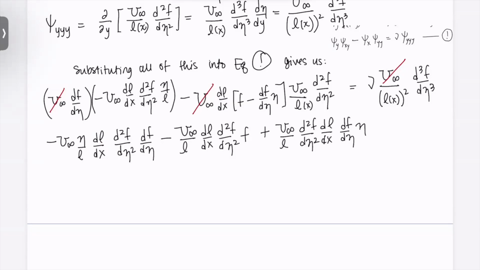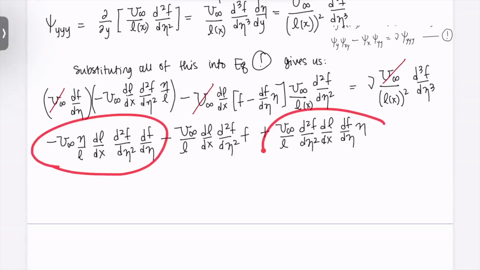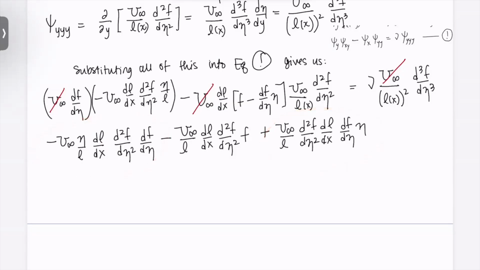Okay, and we notice I could have written it a little nicer, but this term and this term are the same, but with opposite signs, right? Yes, okay, great. So we can cancel those.